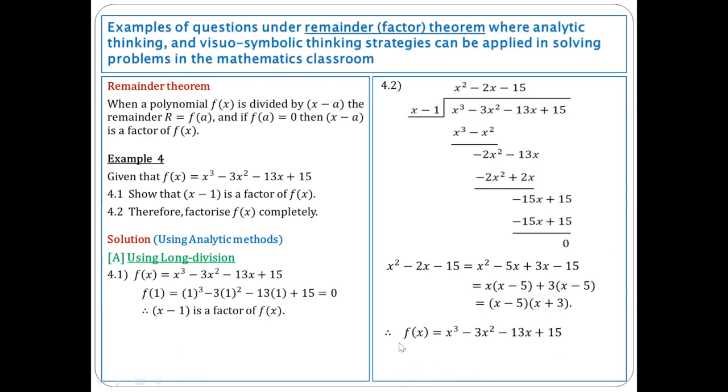So that our f of x, which is equal to, from the long division, x minus 1 times this quadratic expression, will now be equal to that when you replace the expression with its factors. So f of x is equal to x minus 1 times x minus 5 times x plus 3. This is the answer to 4.2 using the long division method.